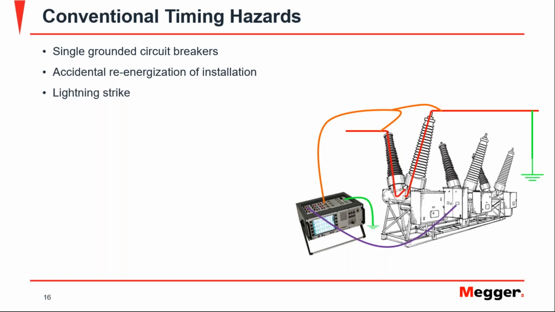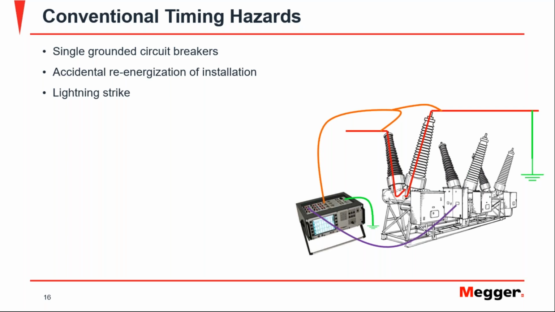And well, you are working in a substation, in a place surrounded by overhead lines, and you could have accidental re-energization of the installation. It's not supposed to happen, but well, that's what happens with accidents. They are not supposed to happen.